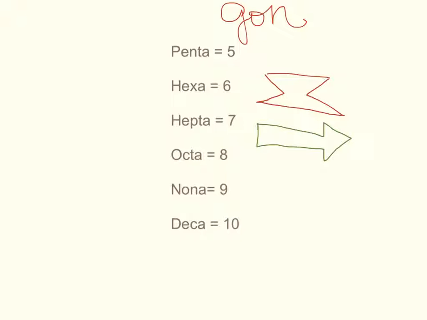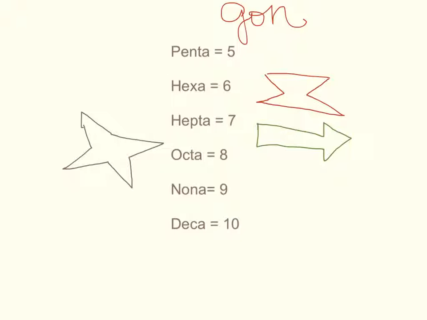An octagon is typically a stop sign, but we could also use almost like an inside-out star looking shape. And I'm not the best artist, but that works.